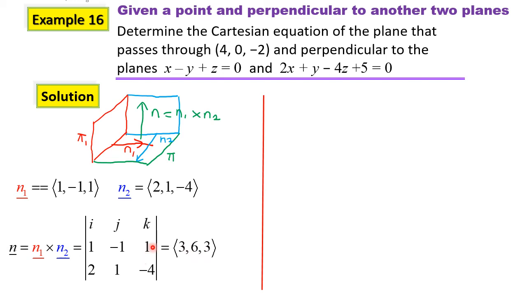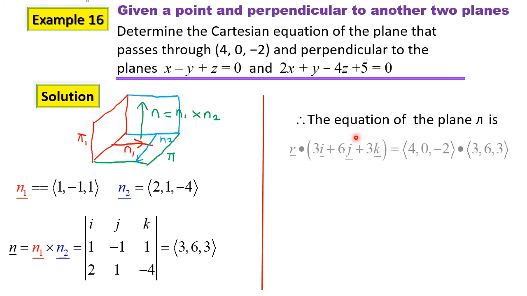Right, so after we determine our N and A was already given, then we can straight away find the equation of the plane. So the equation of the plane, r dot n equals a dot n as usual. So n here on the left hand side also as usual, we put ijk on the right hand side already in bracket. We of course want to do the dot product. But the question asks about the Cartesian, right?